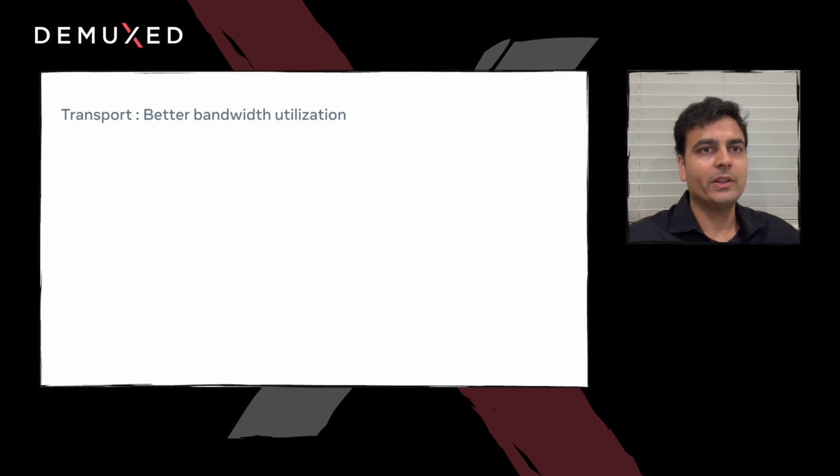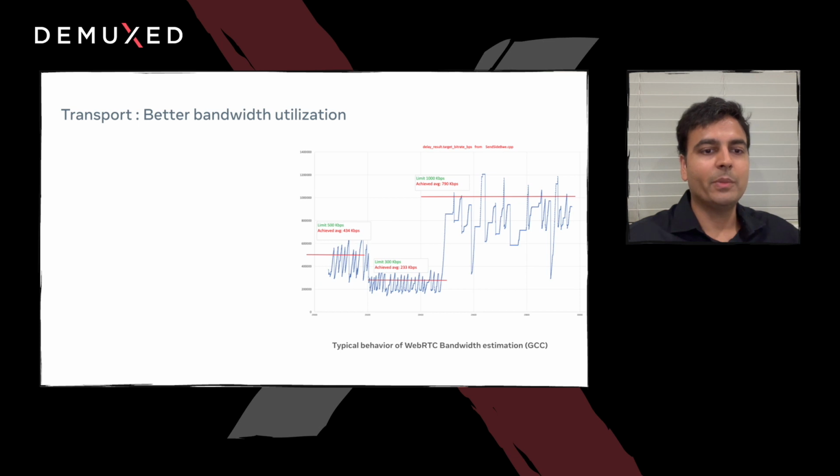The second problem with transport is related to bandwidth. In this graph, you can see the typical behavior of WebRTC's bandwidth estimation algorithm. The green line shows the available bandwidth, and the red line shows the actual achieved bandwidth. As you can see, GCC leaves a lot of bandwidth on the table, and it does not do a very good job at bandwidth utilization.